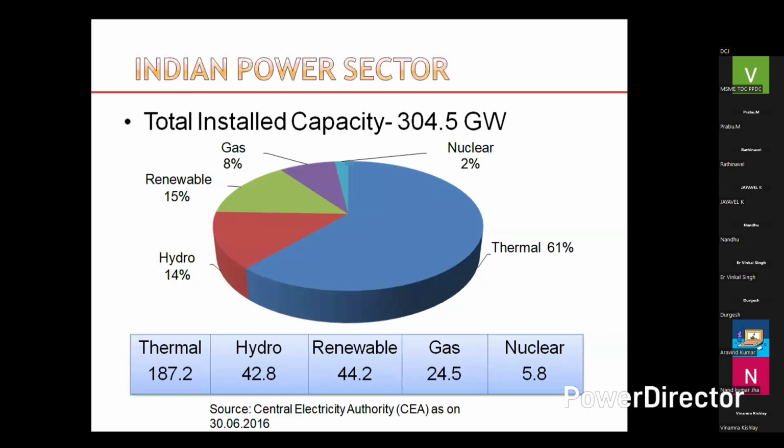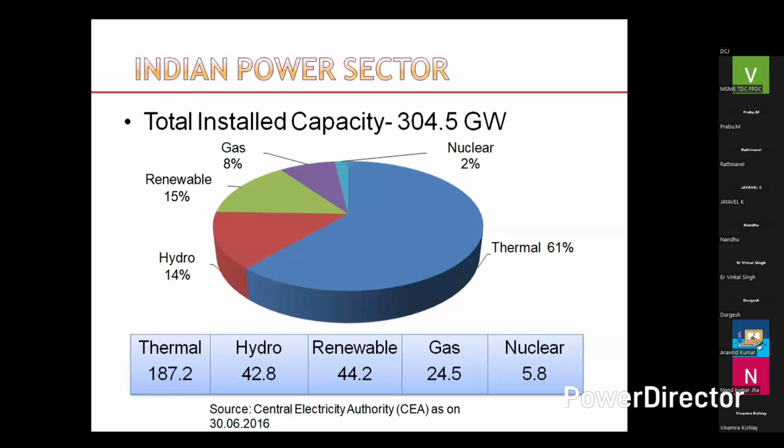So 60 to 70% energy we are generating from the thermal power plants, and as you all know, there is a lot of pollution when electricity is generated from the thermal power plant. So our government is focused very much on this sector, on how to reduce this pollution. They are moving towards green power, like solar and wind. For the past few years, they have been continuously working.